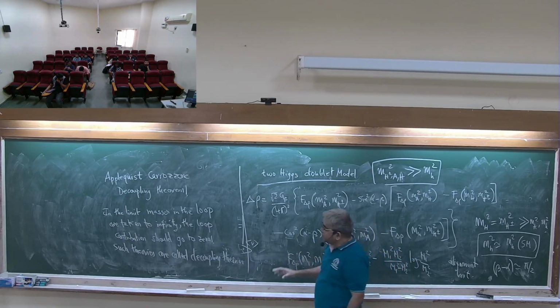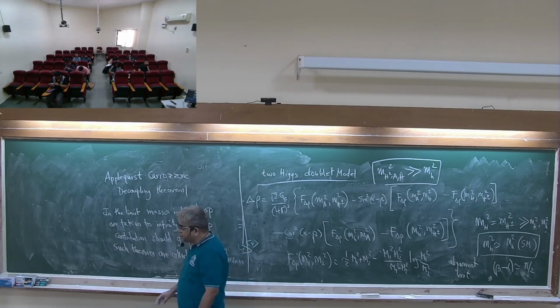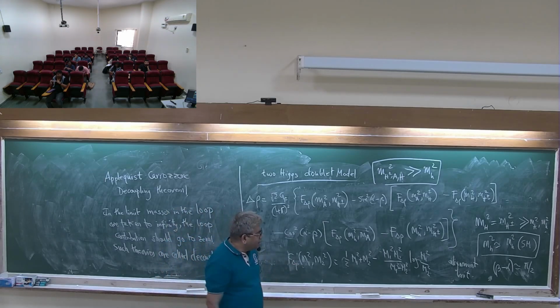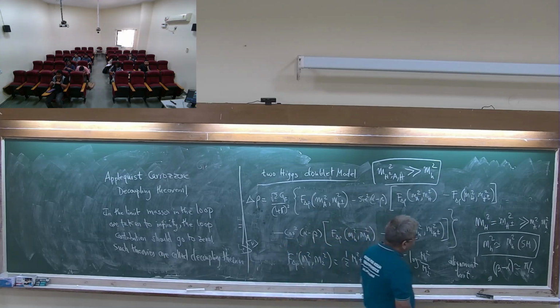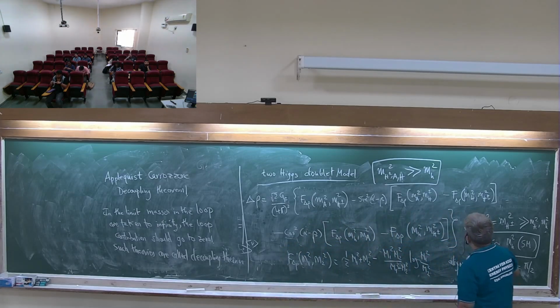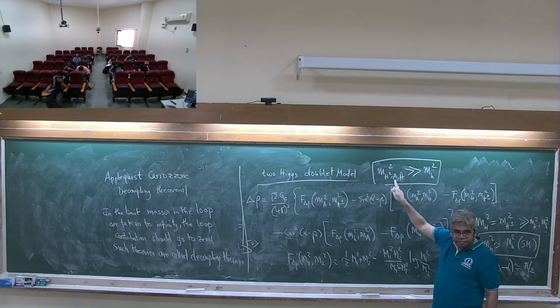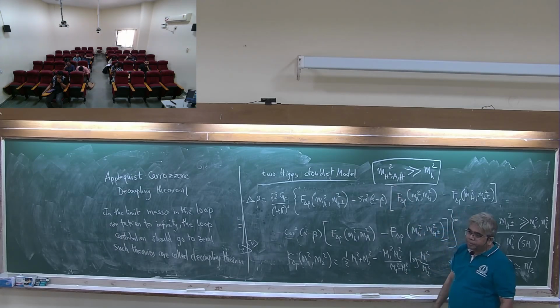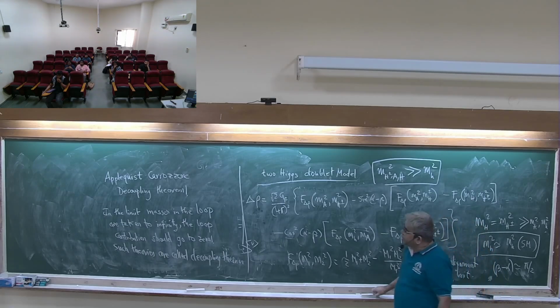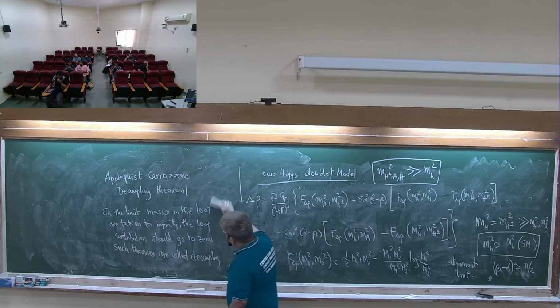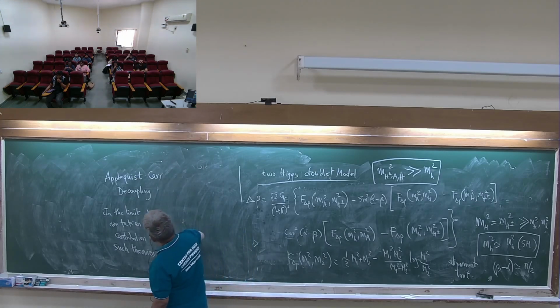In recent times, this garnered a lot of interest because if one of the pseudoscalars is light, it can explain the g minus 2 problem at the two-loop level. I'll come to g minus 2.